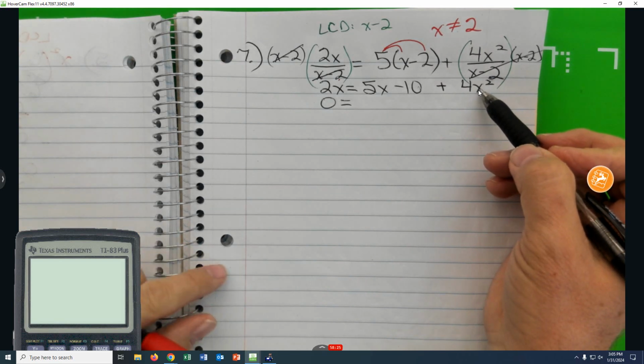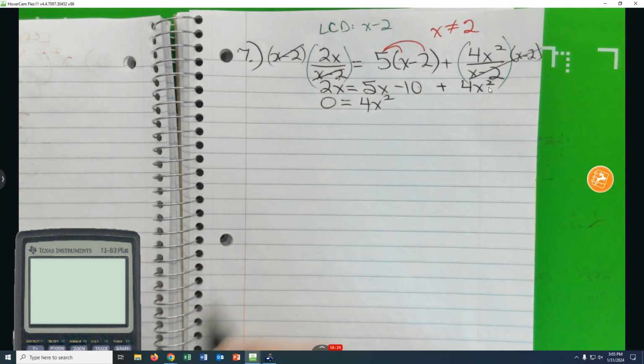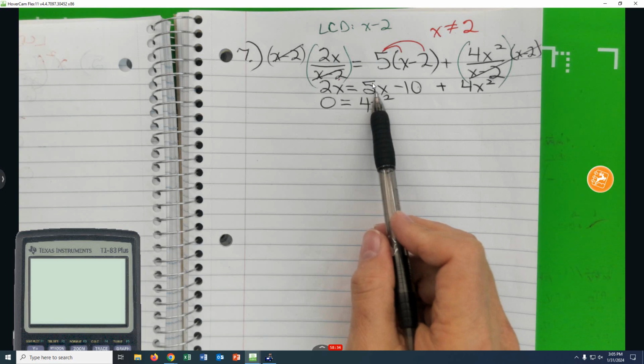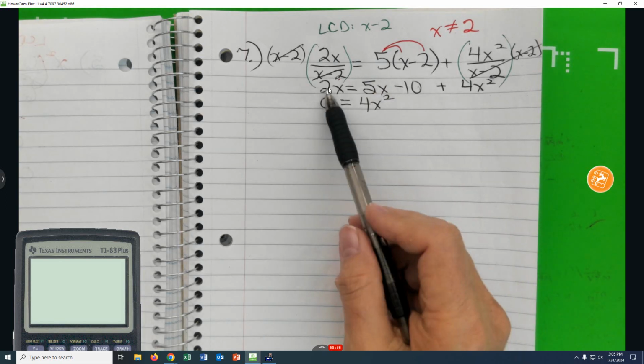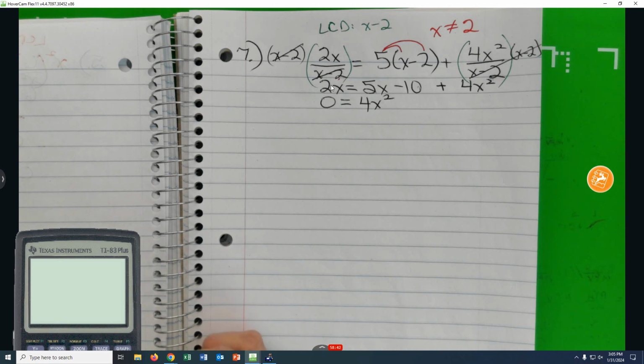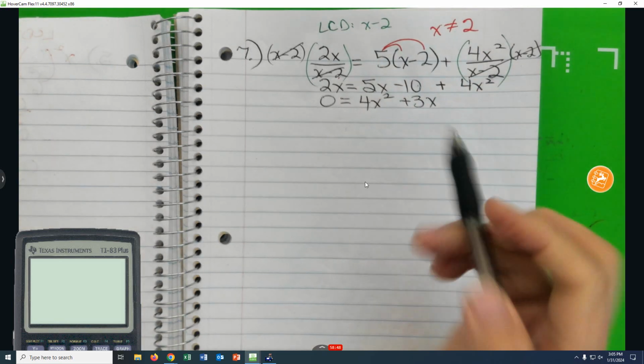Get it in standard form. We have the 4x squared. We have to move that 2x over and combine it with that 5x. What are we going to do to that 2x to move it over? We're going to subtract, so 5x minus 2x gives me 3x. Do y'all follow my logic?